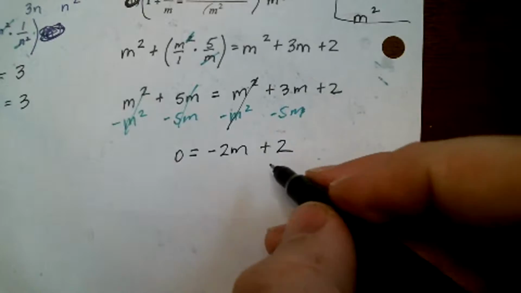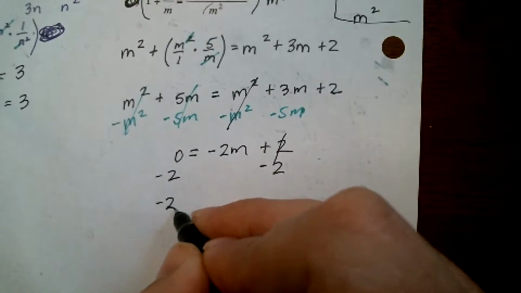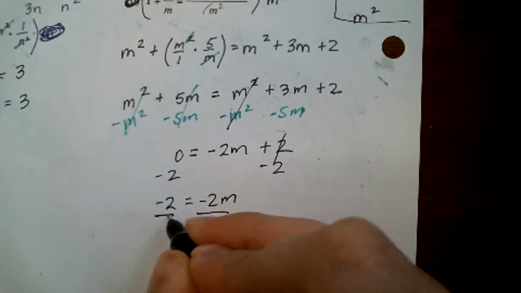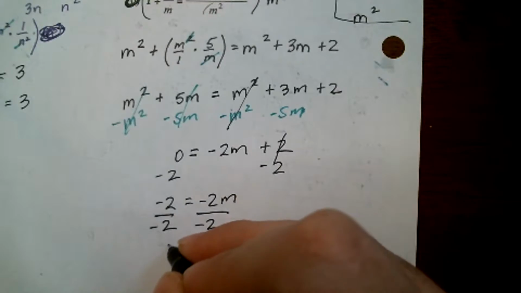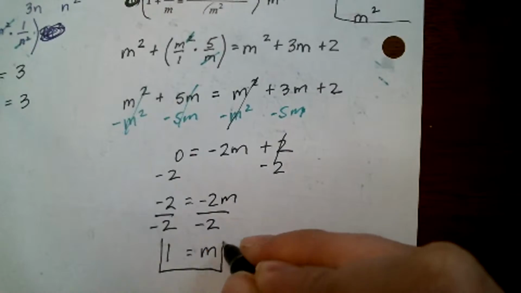Now I just have to subtract 2 from both sides. I get -2 equals -2m. Divide both sides by -2. And I get m is equal to +1. And that would be my answer there.